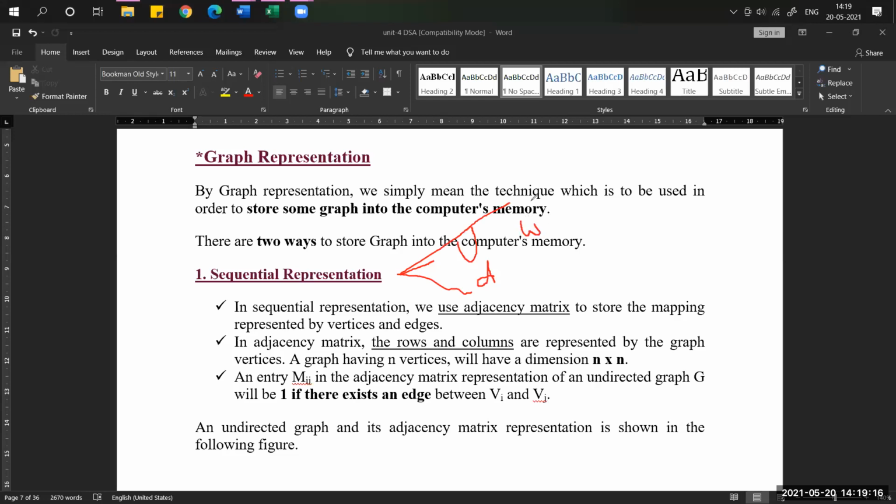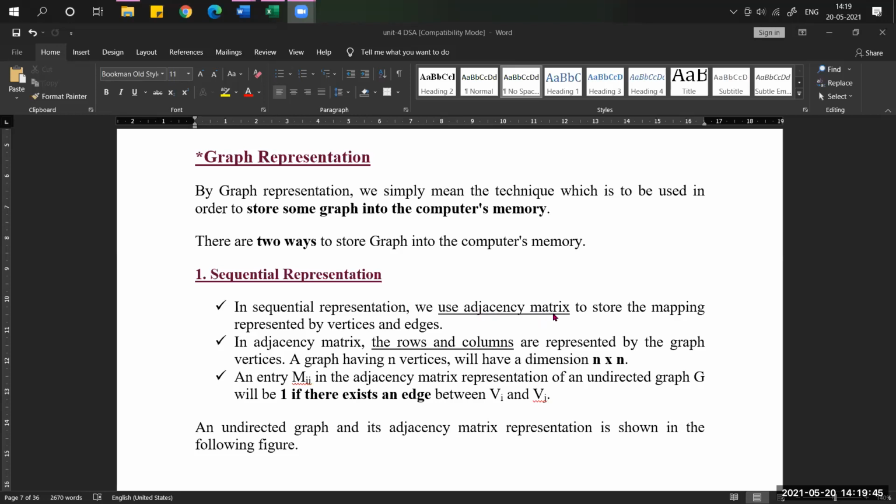Based on these three types of graphs, how the data will be represented in every type of graph is what we are going to discuss in sequential representation. So what is the first point? Whenever you are using sequential representation, use the adjacency matrix.